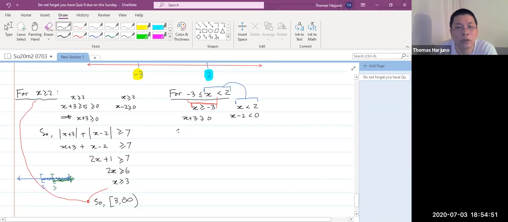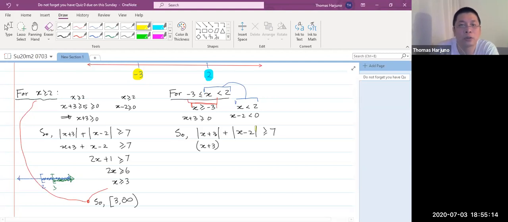So go back to the original inequality. In this interval, x plus 3 is non-negative, so I will take the absolute sign off as usual. Nothing changed. However, x minus 2 is negative. So when x minus 2 gets out from the absolute sign, I need to put a negative of that, negative of x minus 2.